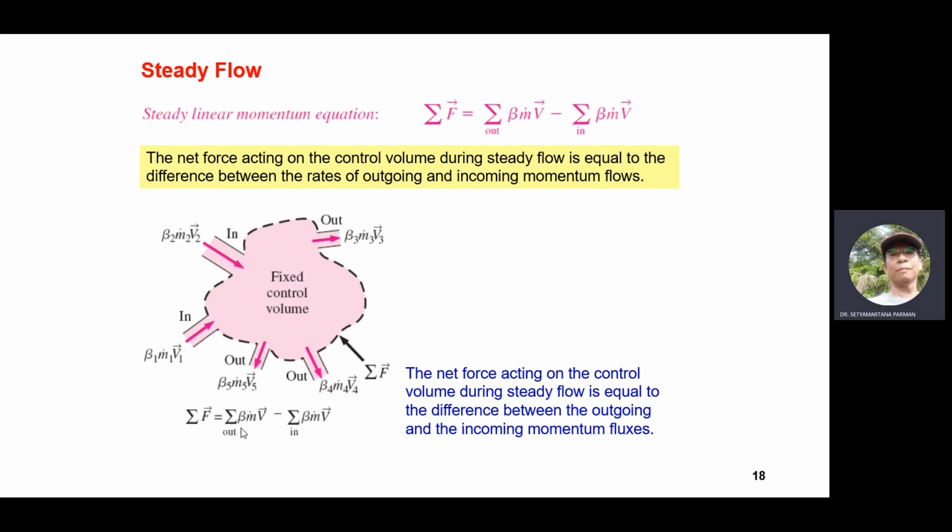The expression of sigma beta m dot V for out is beta 3 m3 dot V3 plus beta 4 m4 dot V4 plus beta 5 m5 dot V5, while the total sigma beta m dot V for in is beta 1 m1 dot V1 plus beta 2 m2 dot V2.